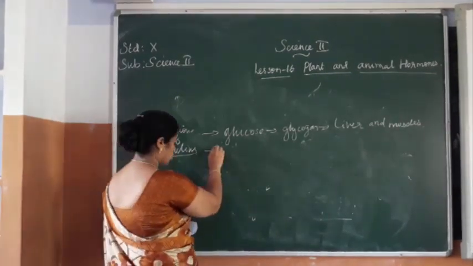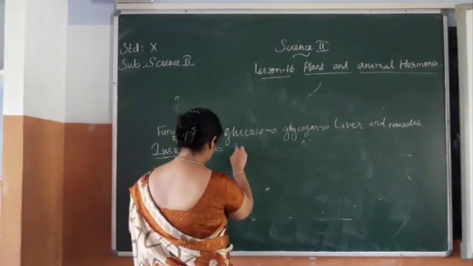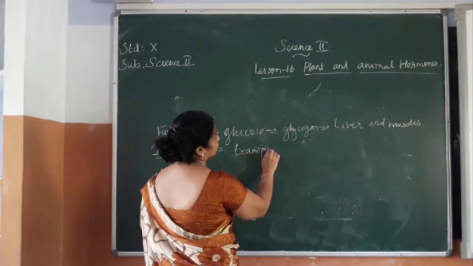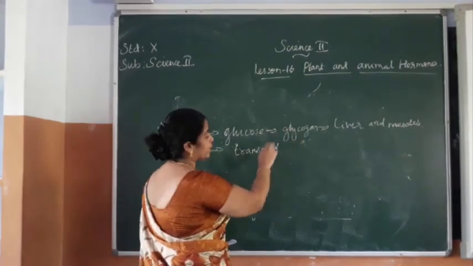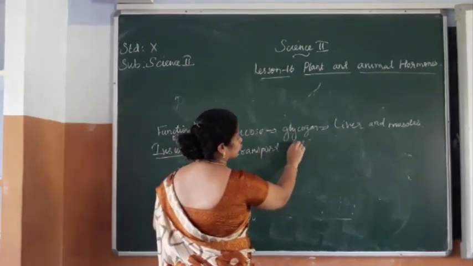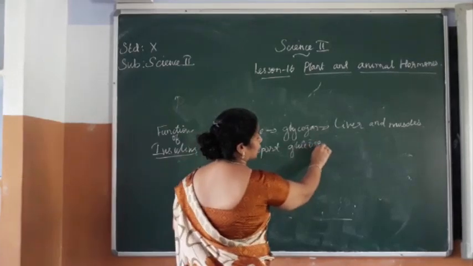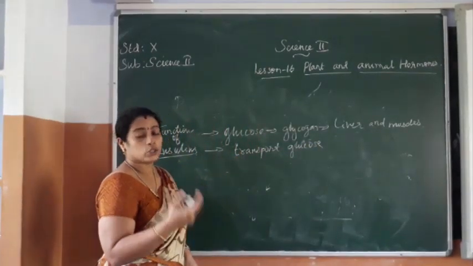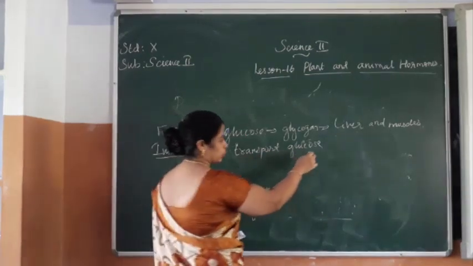It helps to store the glucose in the cells of our body. First one, storing. Next one, transport glucose to other cells. The glucose produced in our body is transported to the other cells by means of insulin.